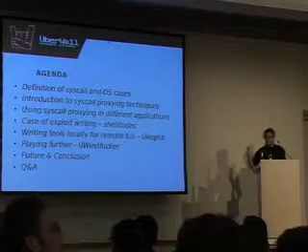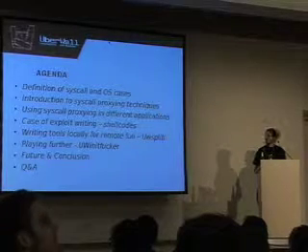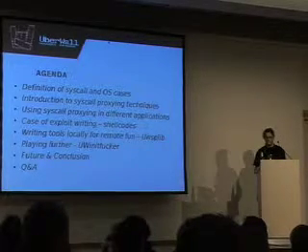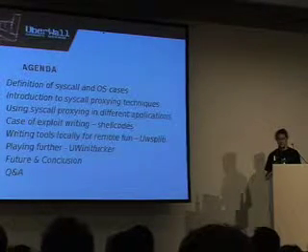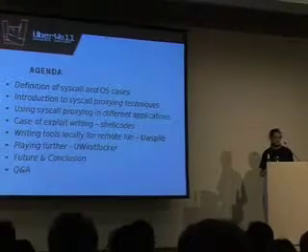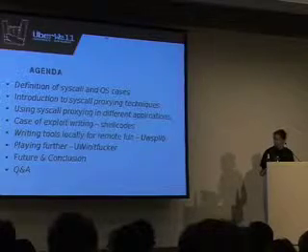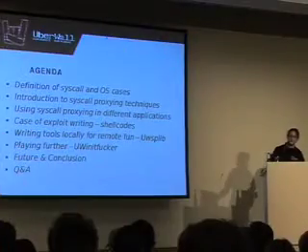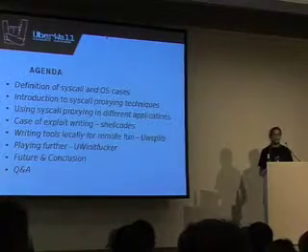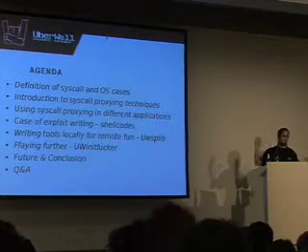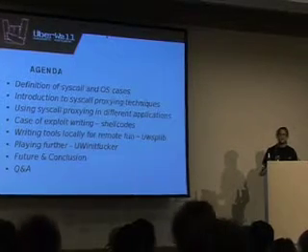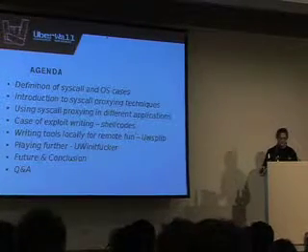How to write local tools for remote fun with the Syscall proxy library, and how to play a bit further, like making kinds of rootkits with this technique. And after, just a little conclusion, and if I can answer some questions. Just for the questions, please ask for a microphone, else it will not be recorded and nobody will hear it. So just ask.